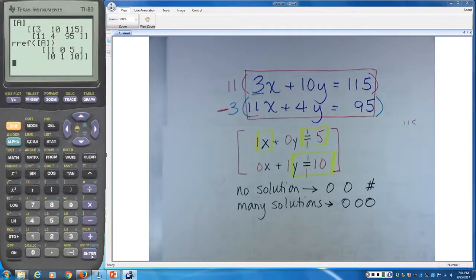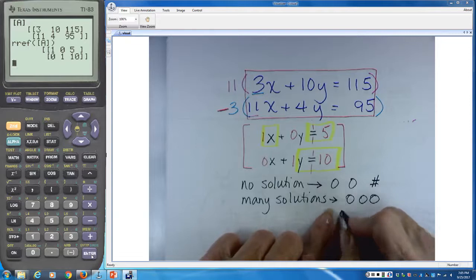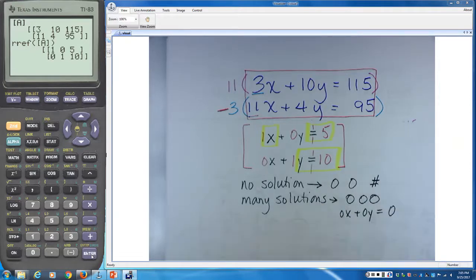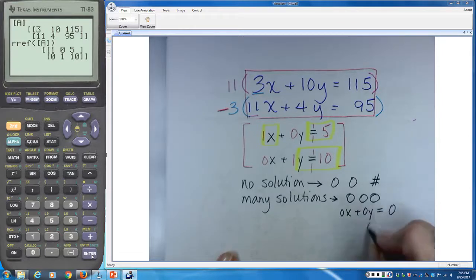And you know, of course, that's true because what this means is that no x's plus no y's is nothing. 0 is equal to 0. And that's true. And it doesn't matter what you put in for x or what you put in for y, it's always going to be true. Okay?